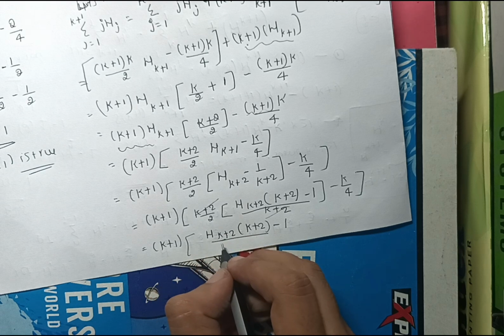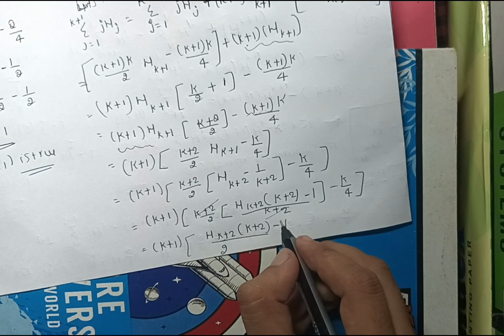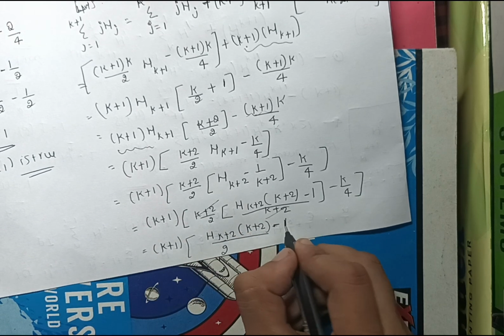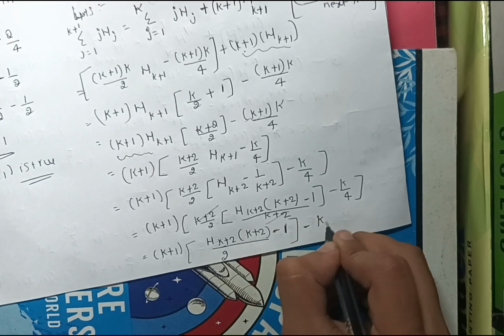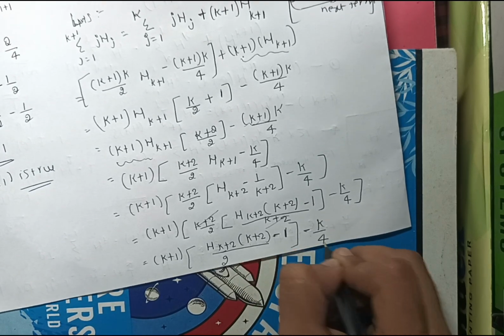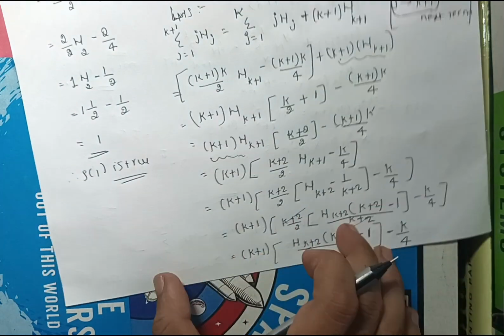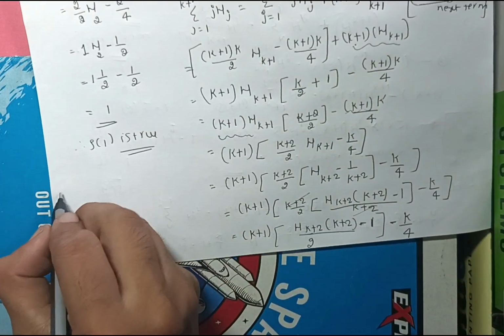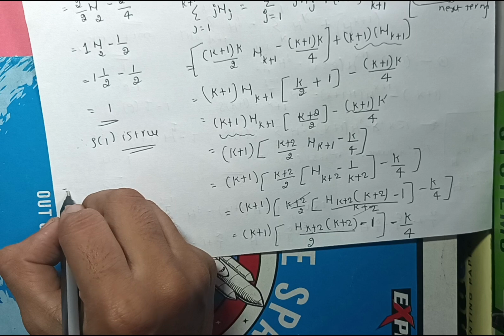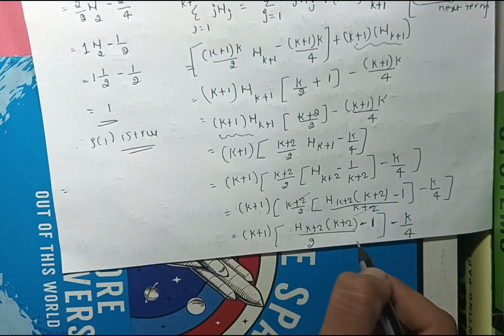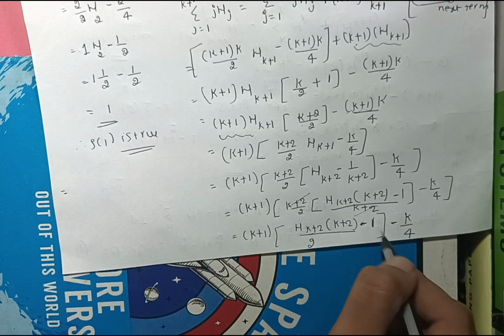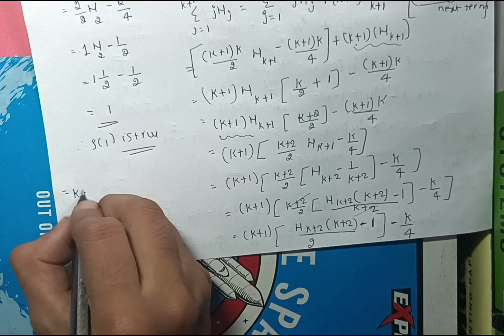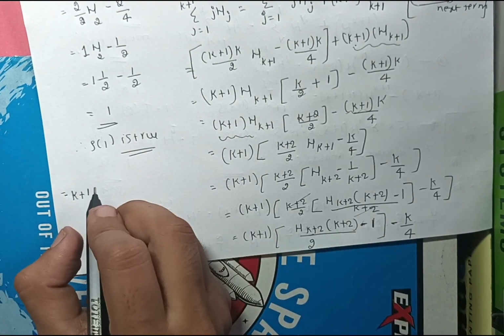Here what term is left? 2 term is left, okay, and minus 1 is separate, minus k by 4, that is equal to, make this minus 1 by moving to the other side.